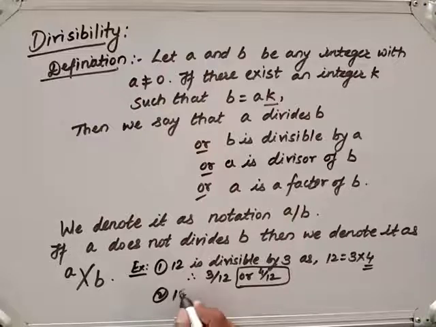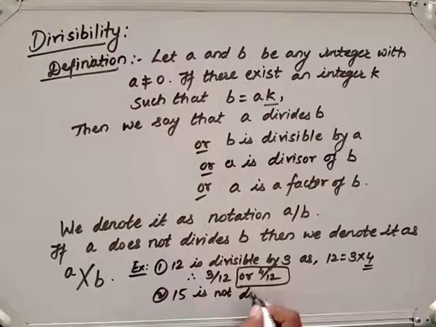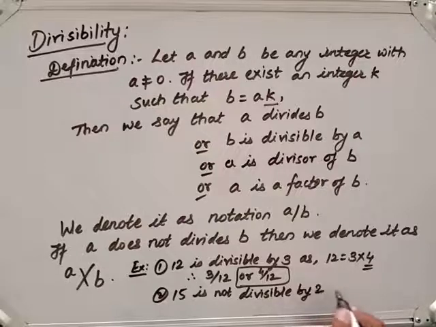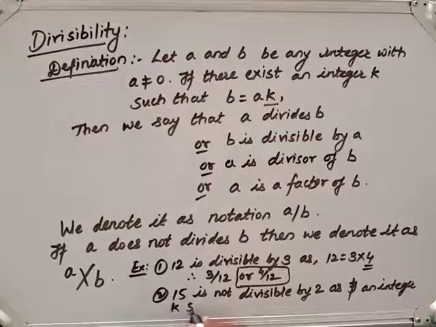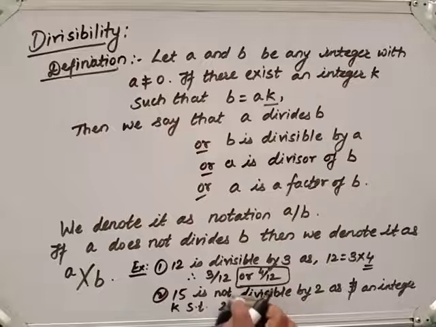Second, 15 is not divisible by 2, as there doesn't exist an integer k such that 15 is equal to 2 into k.